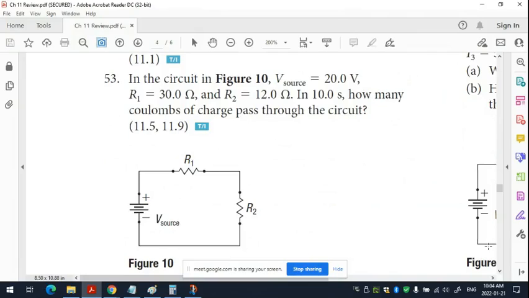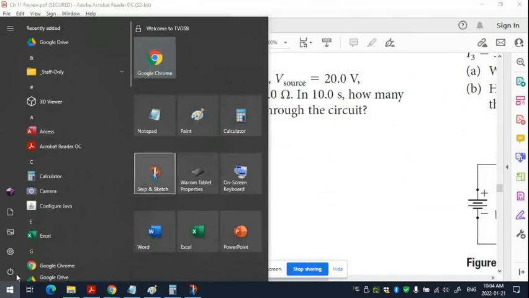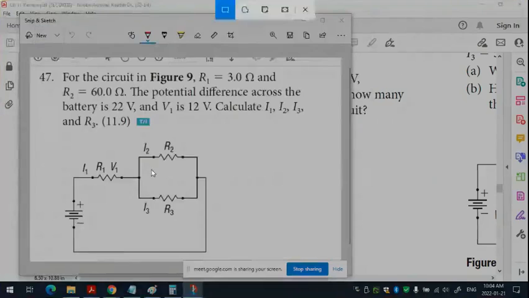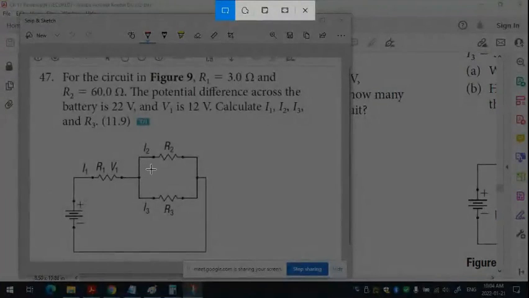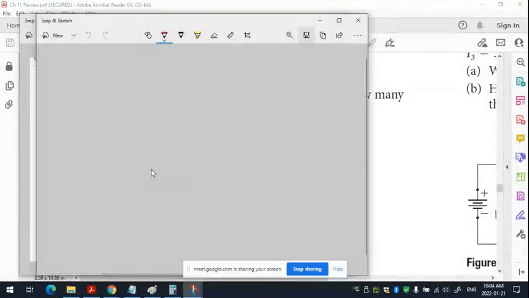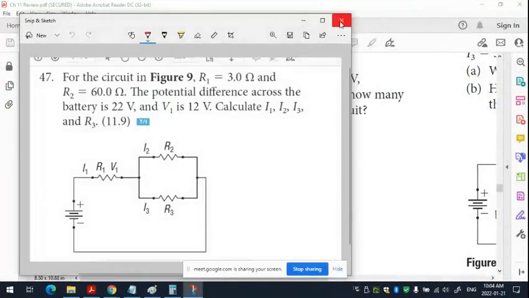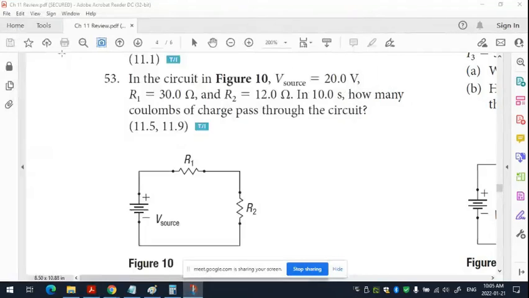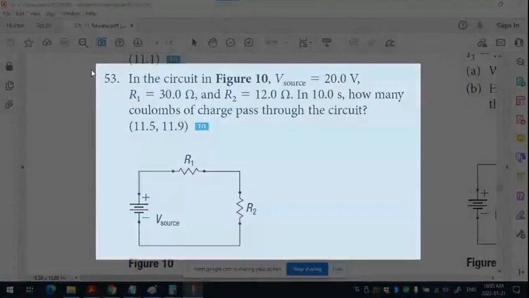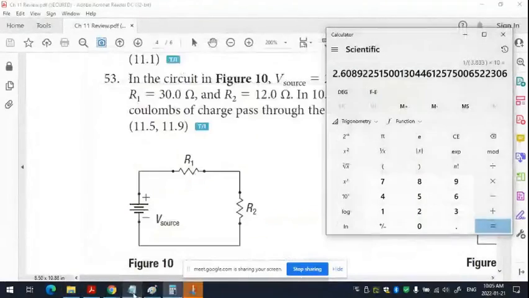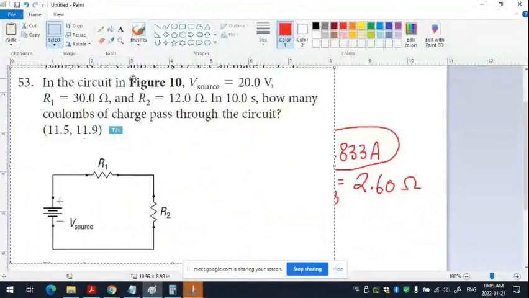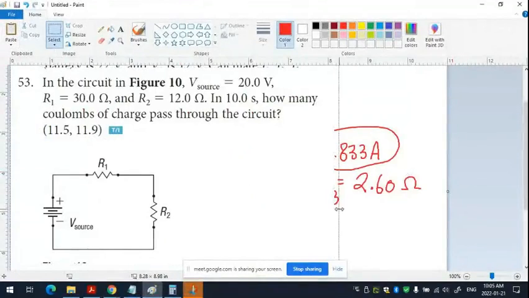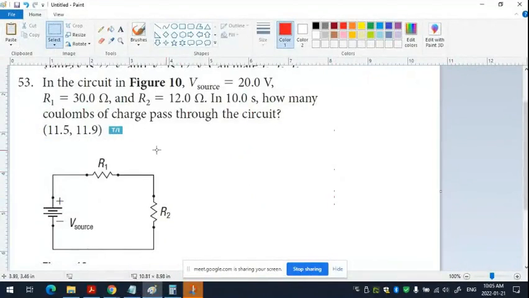All right, so let's do another. Everyone, here's another sketch. Okay.